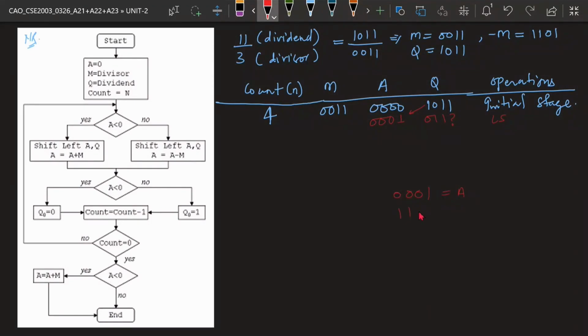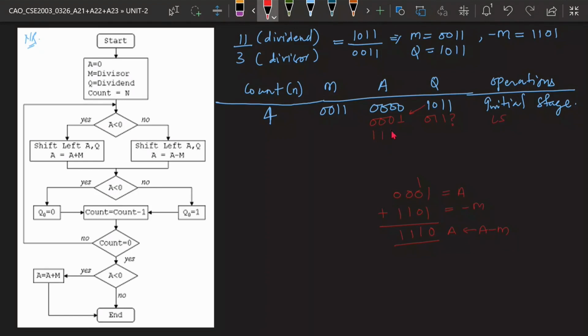Once we add these two, it will be equivalent to A minus M. 1 and 1 is 0 with a carry, 1 and 1 is 1, 1 and 0 is 1, 0 and 1 is 1. So this is the accumulator content, and we'll write it here.